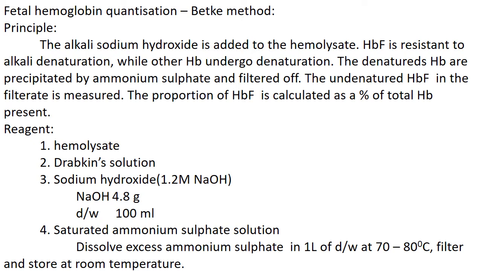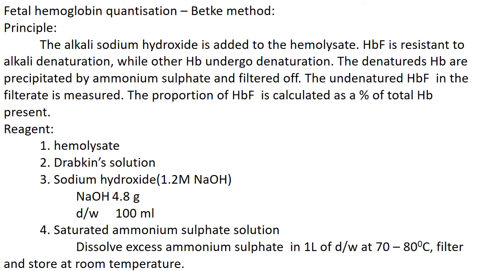These denatured hemoglobins are precipitated by ammonium sulfate and filtered off. The undenatured hemoglobin in the filtrate is then measured. The proportion of fetal hemoglobin is calculated as a percentage of total hemoglobin present. So this is how the principle goes.